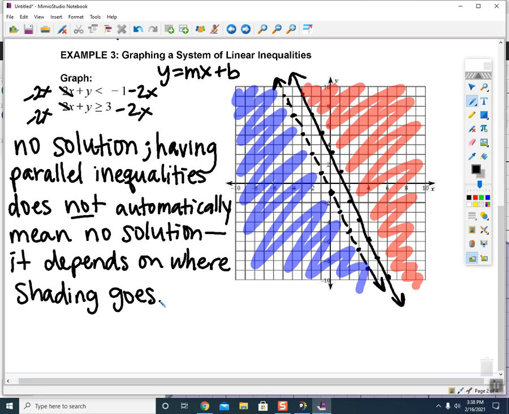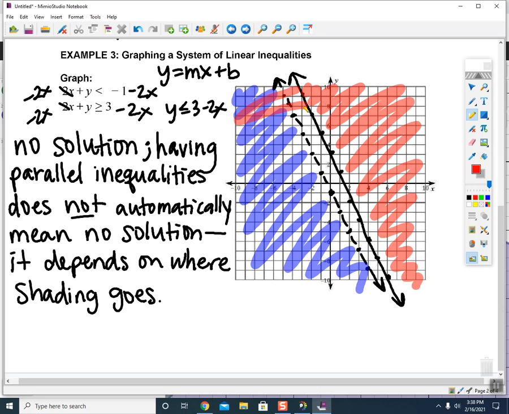So if, for example, I had that the second one was y is less than or equal to 3 minus 2x. Now instead of shading above that line, I would shade below it.